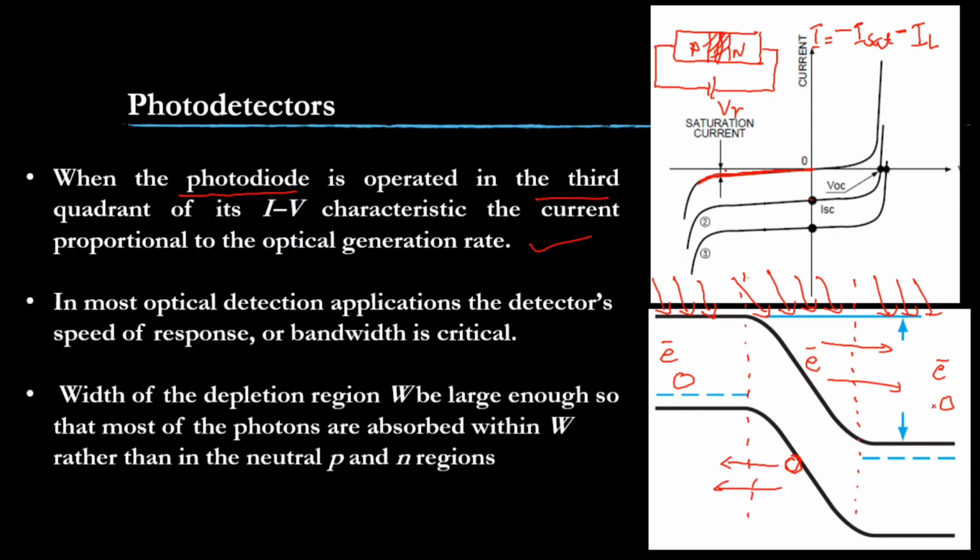Since it is reverse bias, the minority charge carrier hole in this region will displace a small distance, and it will recombine and settle down. In a similar way, this electron will move in this direction a small distance, that is the diffusion length, and it will diffuse and finally settle down.